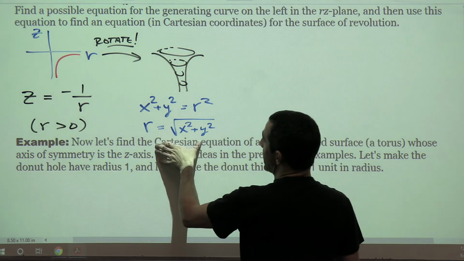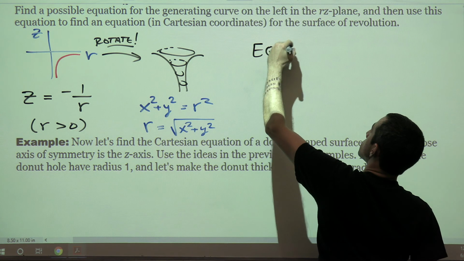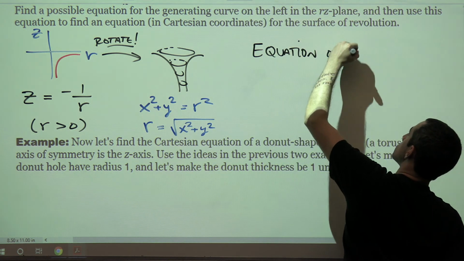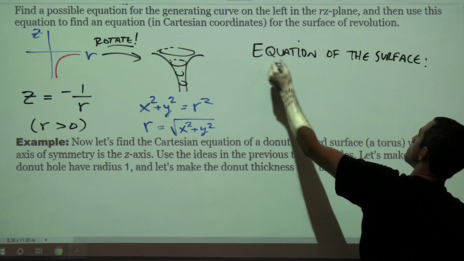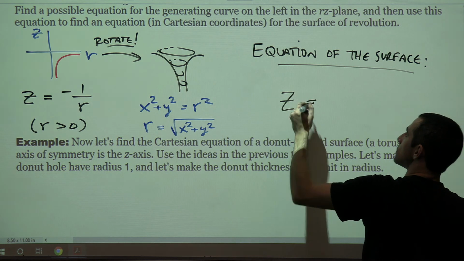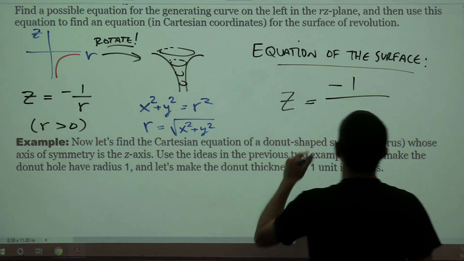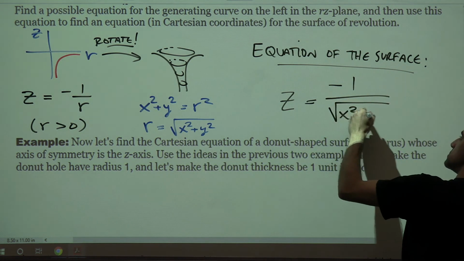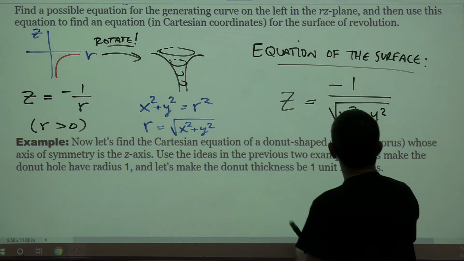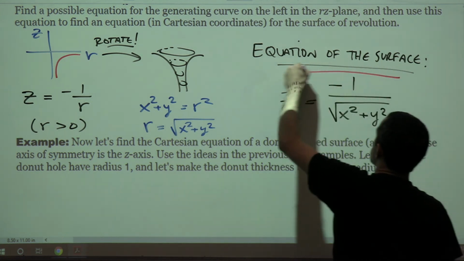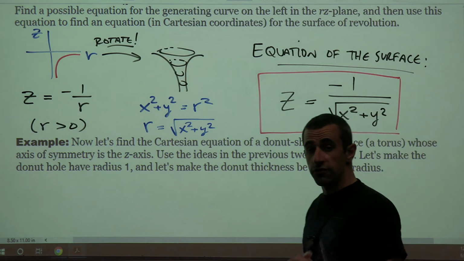So now if we use that conversion formula, then this equation becomes z equals negative 1 over r, which is the square root of x squared plus y squared. So that right there should be the Cartesian equation of our funnel-shaped surface. Z equals negative 1 over the square root of x squared plus y squared.